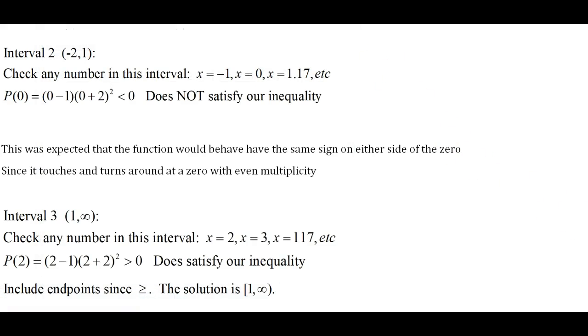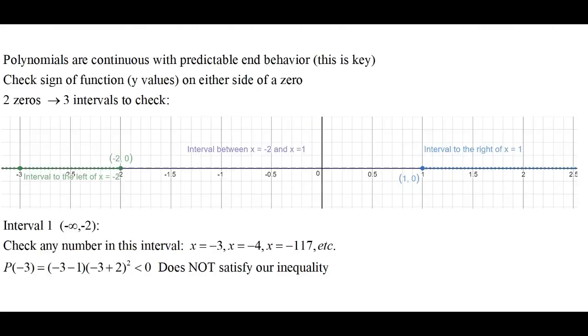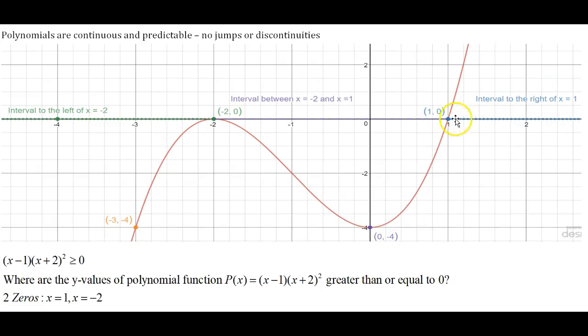There. So our solution is 1 to infinity. That is where the inequality is satisfied. And we can verify that with the graph, that those y values to the right of positive 1 are all greater than or equal to 0.